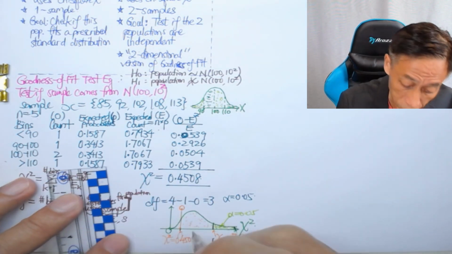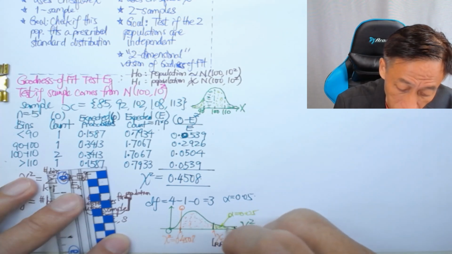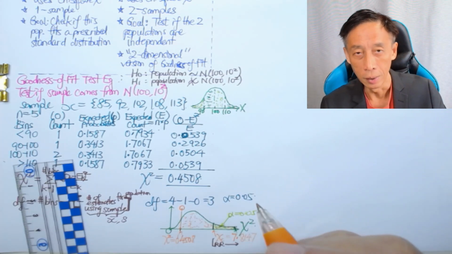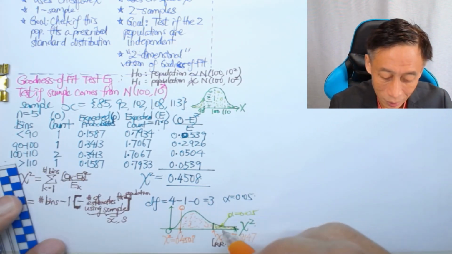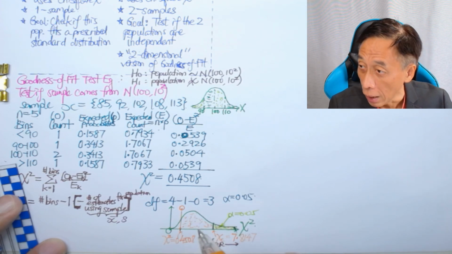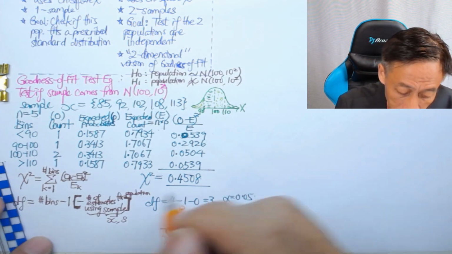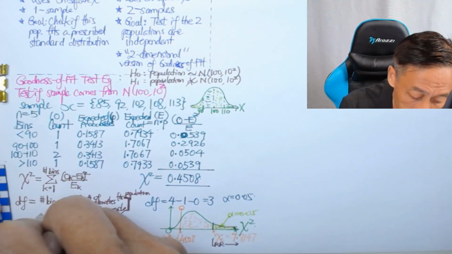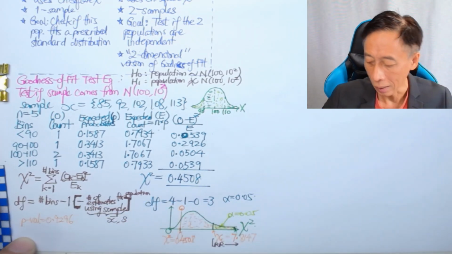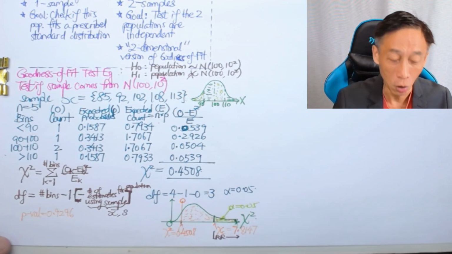So our p-value is starting from the test statistic all the way to infinity, pointed to by the rejection region. So what's our p-value? Very large, 0.9296.